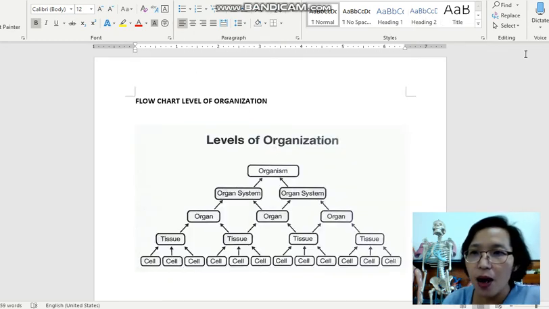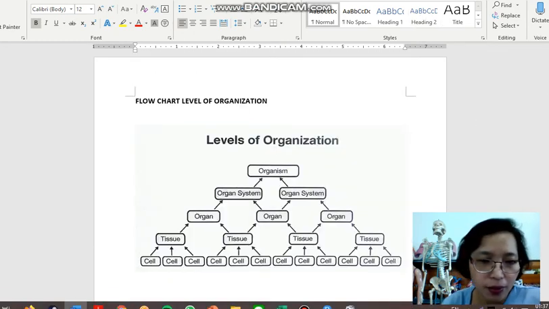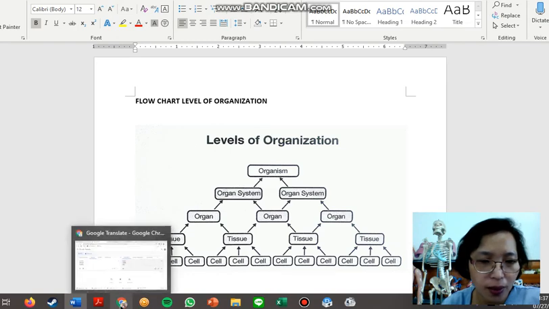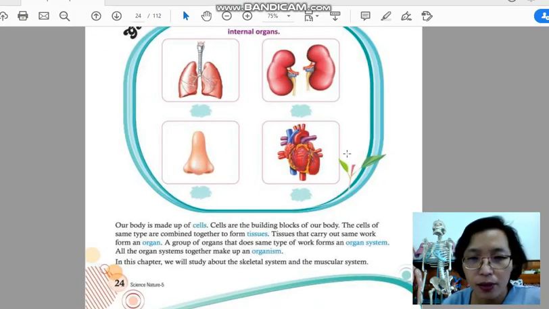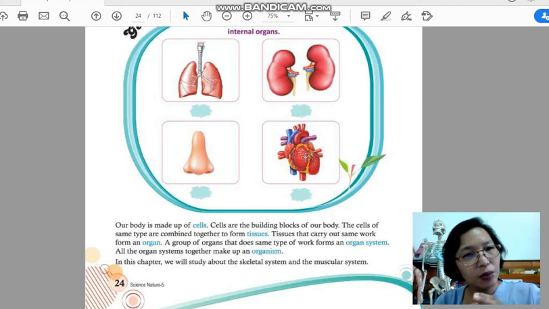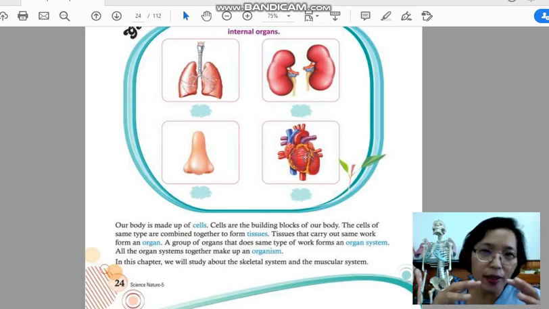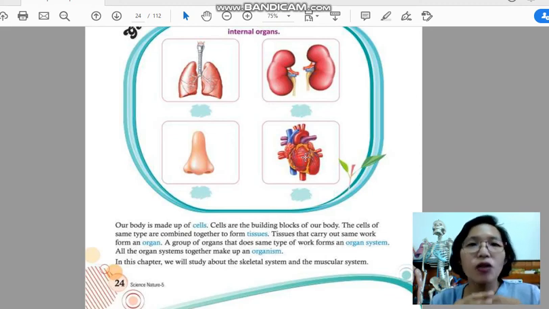Let me give you an example. What is an organ system? Like this, lung and heart: organs work together to form the organ system. We call it the circulatory system.